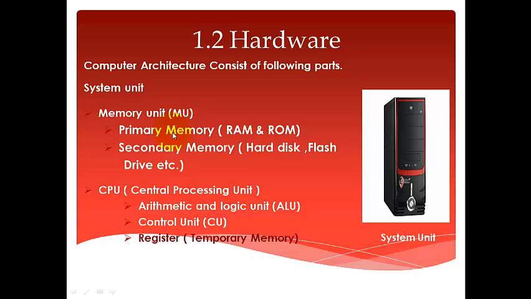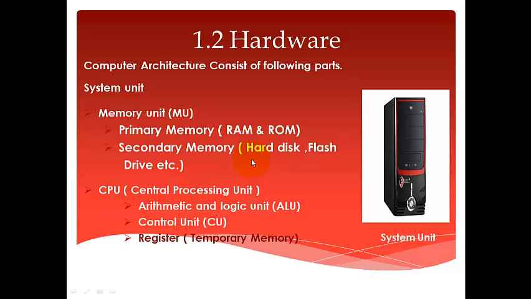One is primary memory. Primary memory is the main memory or semiconductor memory, which can be divided into two types, namely RAM, random access memory, and ROM, read-only memory. And the second part of memory is secondary memory, which consists of hard disk, flash, CDs, DVDs, etc.